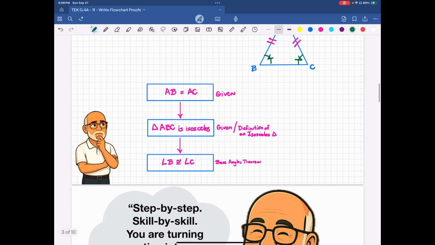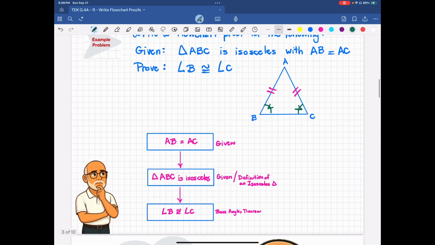So looking at our proof, we know that AB is equal to AC. That's been given to us, okay? So here's my statement, here's my reason. I put it in a box, and now I'm drawing an arrow. My next logical thought is the triangle ABC is isosceles.